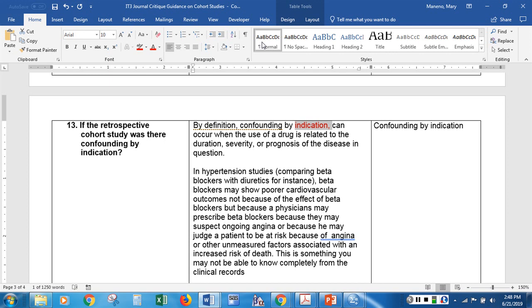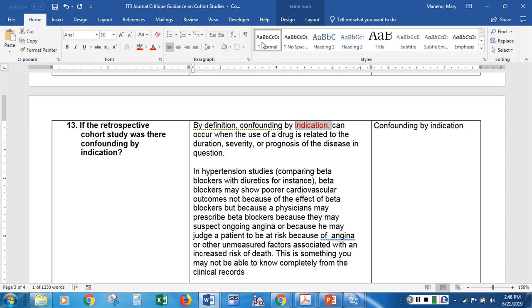So when you see confounding by indication, or if it is mentioned in a paper, that's what they're referring to. The other example is with statins, where people would be preferentially prescribed Crestor because Crestor has a quicker reduction of cholesterol compared to the other statins.